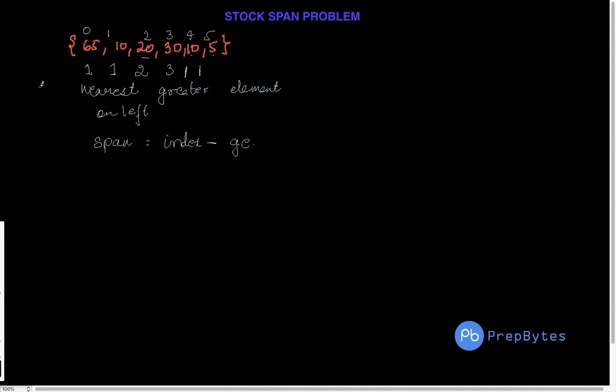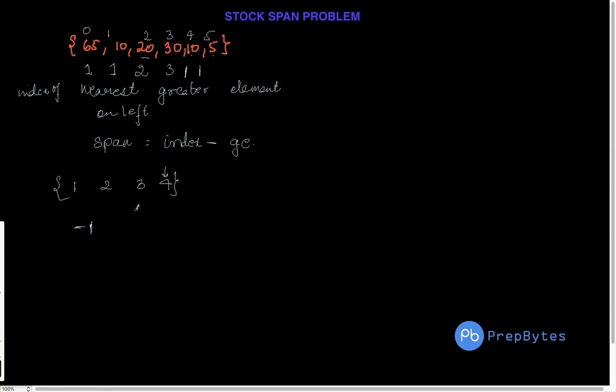We just find the index of the nearest greater element on the left, and we just do the subtraction from the current index. And in case, let's say there is a scenario in which we have something like 1, 2, 3, 4. So in this case, if there is 4 and all the elements on the left of 4 are smaller, then obviously, let's say we consider that if there's no nearest greater element, we'll return the index as minus 1.